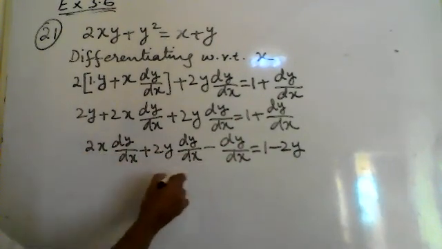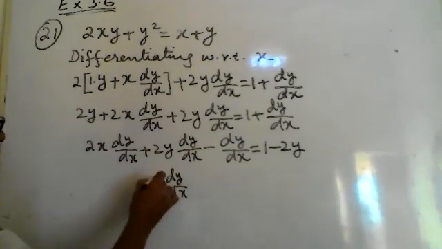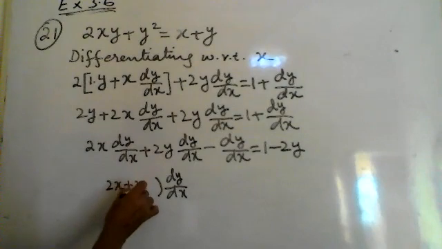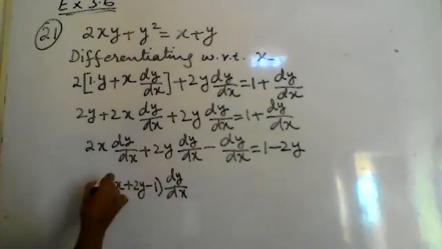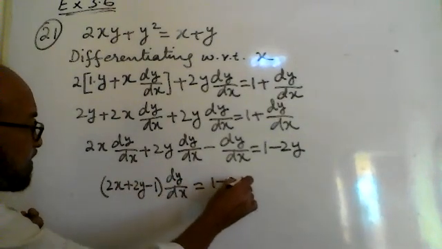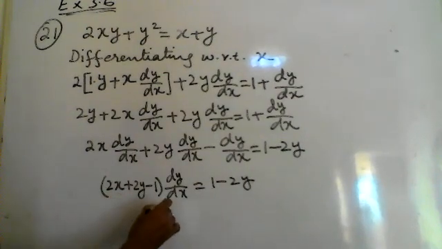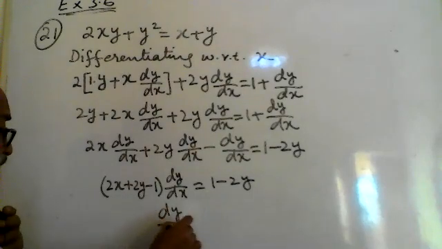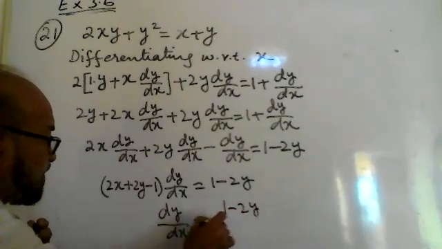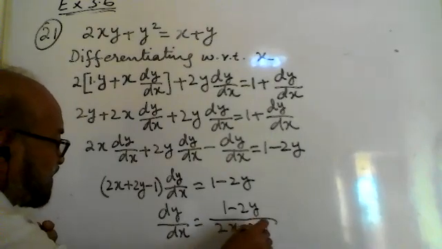From here, dy upon dx is common. Inside will be 2x plus 2y minus 1 is equal to 1 minus 2y. Divided by this one, dy upon dx is equal to 1 minus 2y divided by 2x plus 2y minus 1.